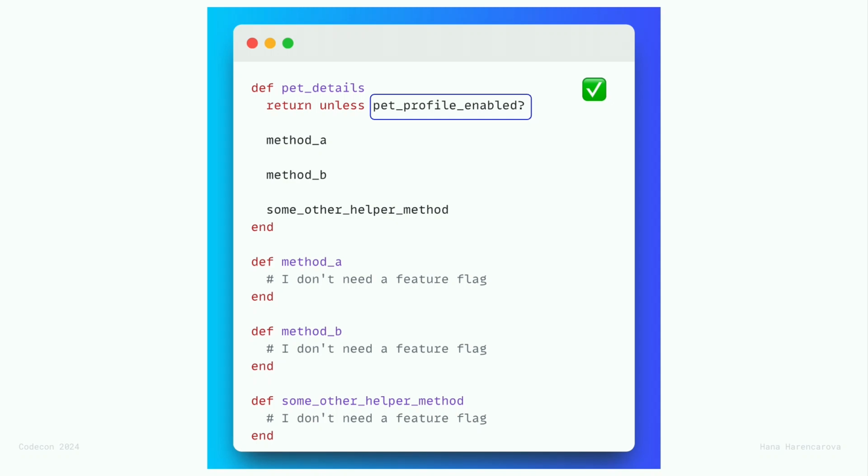And then all the other methods, like method A and B and some other method, they don't need the feature flag anymore because they will be never called. And like this, it's not only more performant because you run the feature flag just once, but it's also easier to understand the code and you don't populate your code with those feature flag checks.